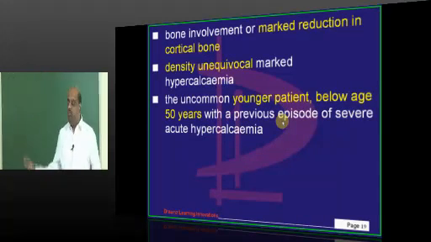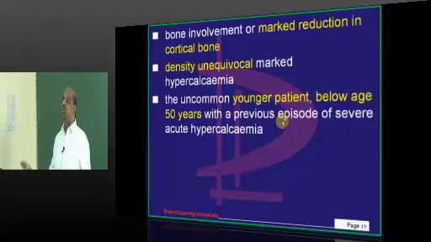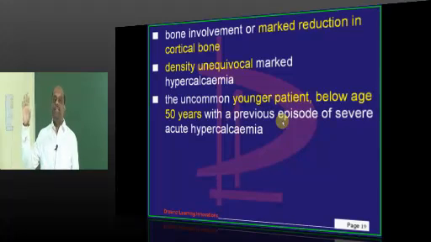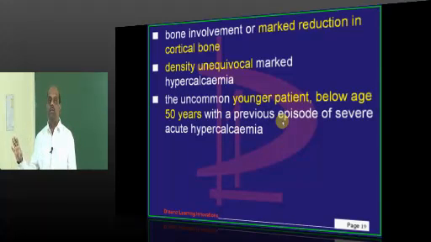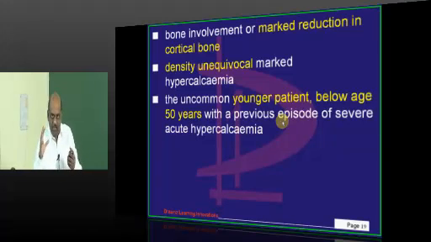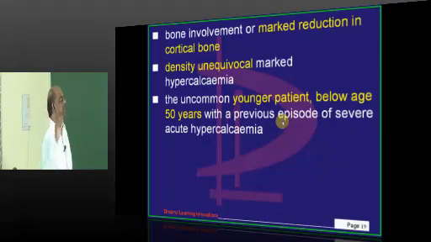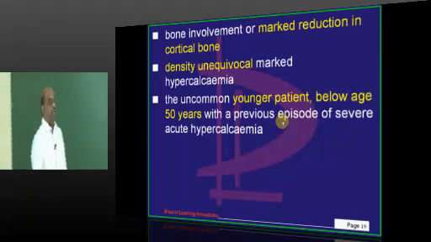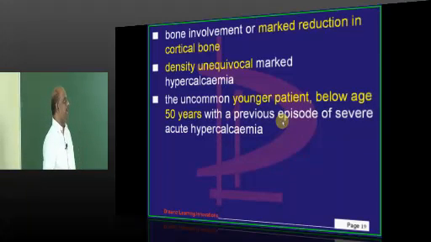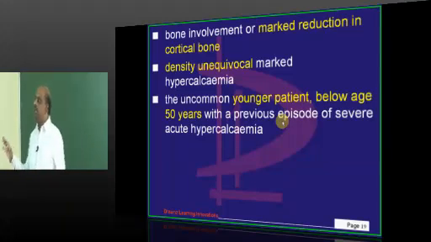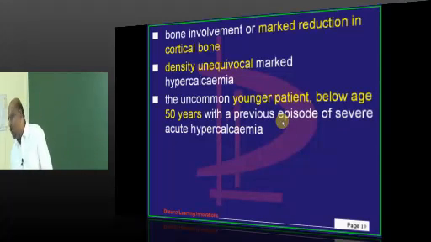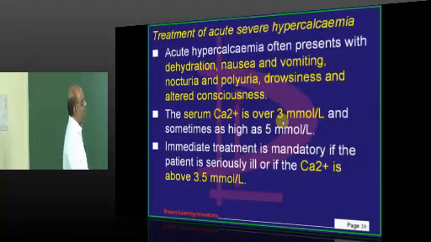If there is bone involvement with a marked reduction of the bone density, when you have done the bone density scanning, dual absorption spectrophotometry, DEXA scan, if the bone density is markedly reduced, indication for surgery of that parathyroid gland. Then a young patient below 50 years with a previous episode of acute hypercalcemia, yes, indication for surgery, you have to be very, very clear about.